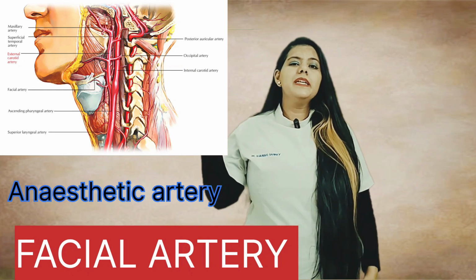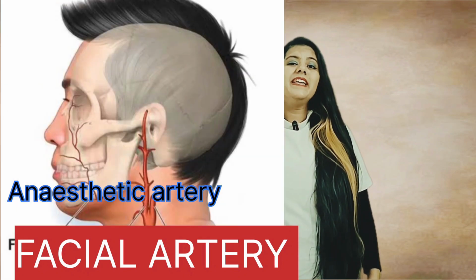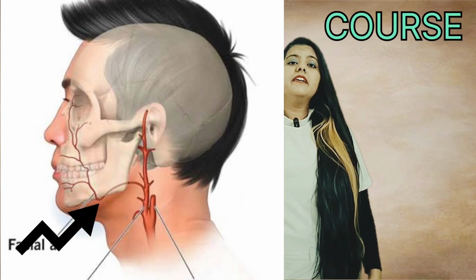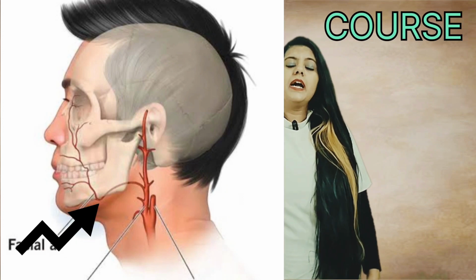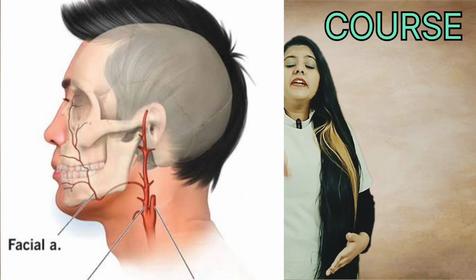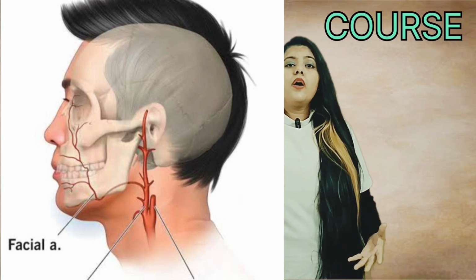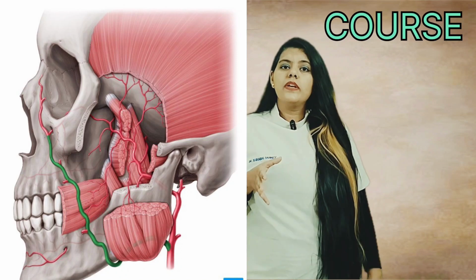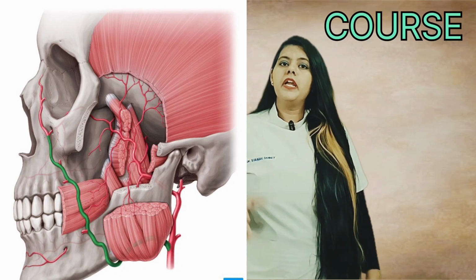First of all, it will enter the face by winding around the angle of the mandible, right? Then it will pierce the deep fascia and then goes anterior inferior around the masseter muscle, right? It is known as the anesthetic artery.